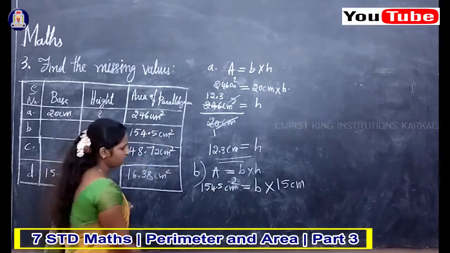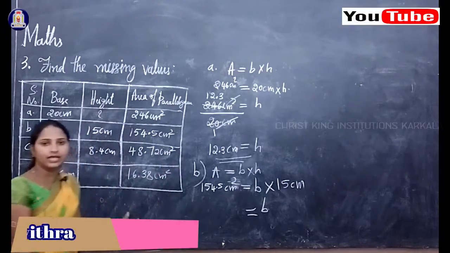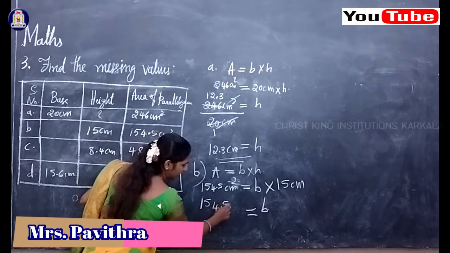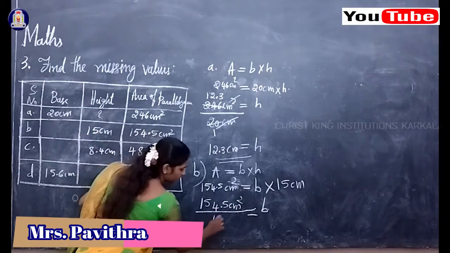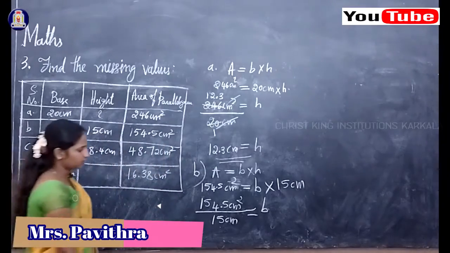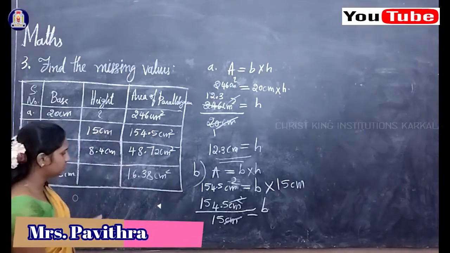Base is not given, so write b as it is. Now you have to find b. So b is equal to 154.5 centimeter square divided by 15 centimeter. Here centimeter and centimeter cancel. What is remaining?